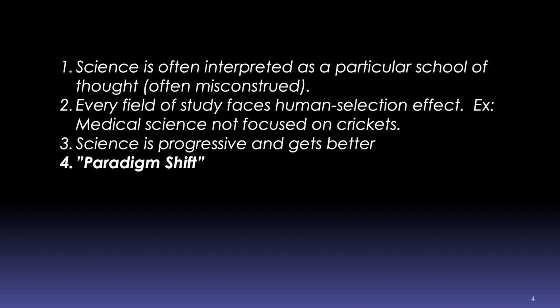One of the most important historical examples of a paradigm shift is indeed the Copernican revolution, when we moved from the Earth-centered view to a Sun-centered view. All of a sudden, the way we understand the universe changed, right? Because of the Copernican revolution.